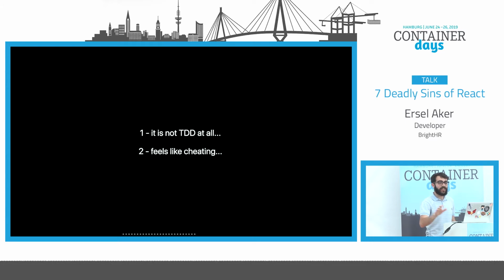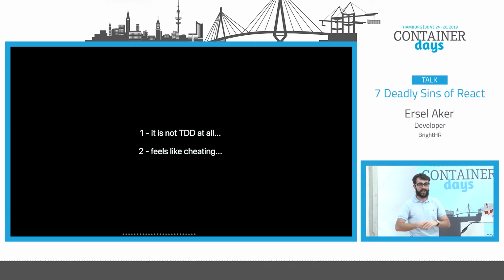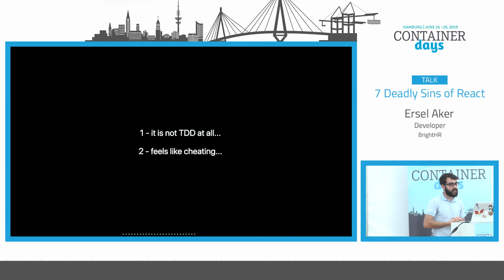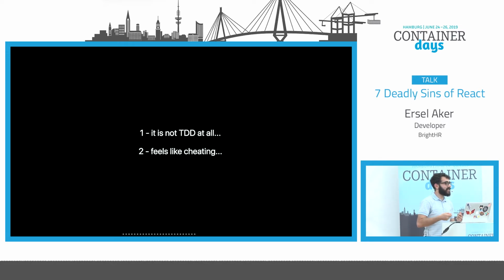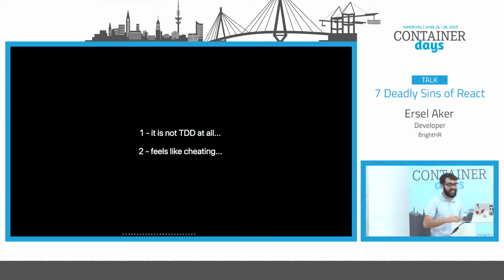So I thought, oh, that's not TDD at all. It has this arrogance to it, saying my current implementation is the state of the universe, that's it. That's the right way for this component to be. So I didn't like that. And it felt a bit like cheating because it's so easy. You can go like, oh, toMatchSnapshot, bang, my job here is done, right?